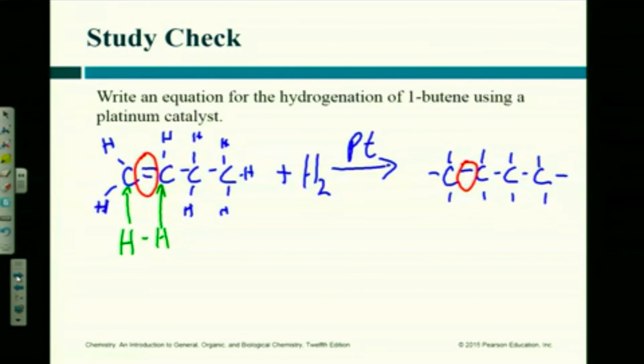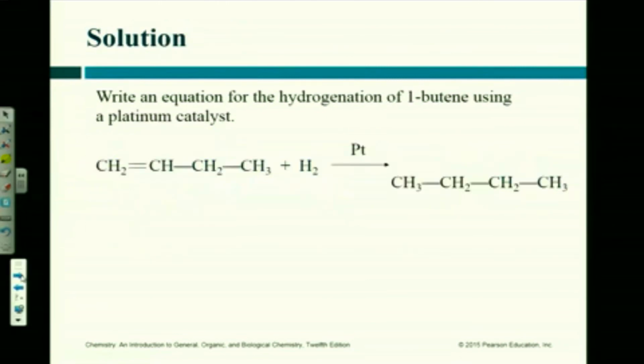Because it can't go there and still have a double bond, because this carbon would then have how many bonds on it? 5. And carbon can't have 5 bonds, it can only have 4, right? So it has to break that double bond so that each carbon then only has 4 bonds, okay? Good? All right.